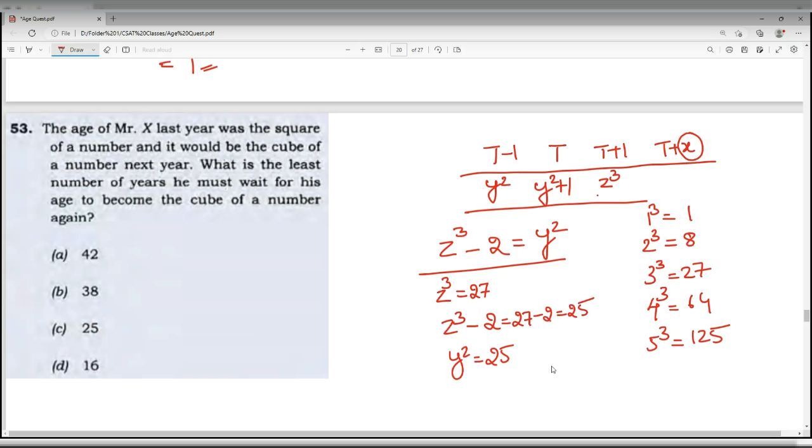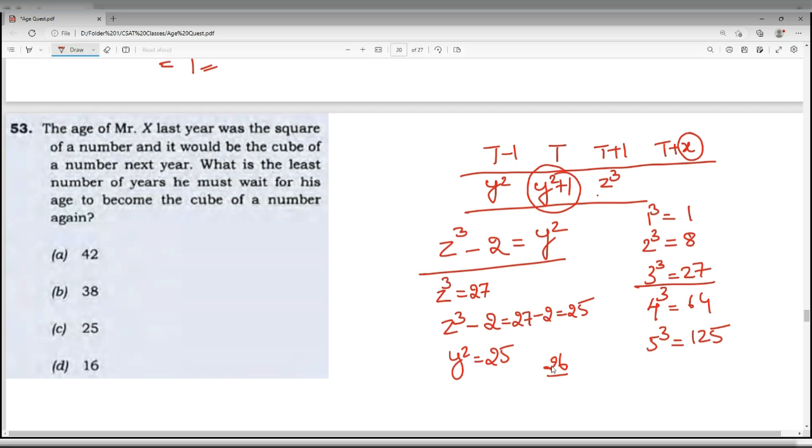So today's age is y square plus 1, so that is 26. What they are saying is, what is the least number of years he must wait for his age to become the cube of a number? The next cube after 27 is 64.